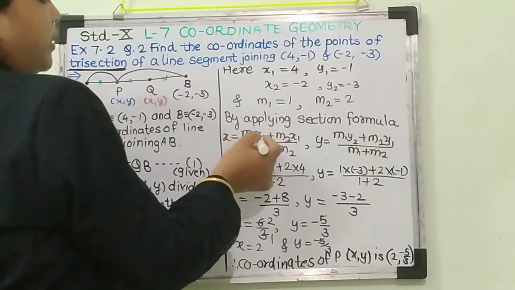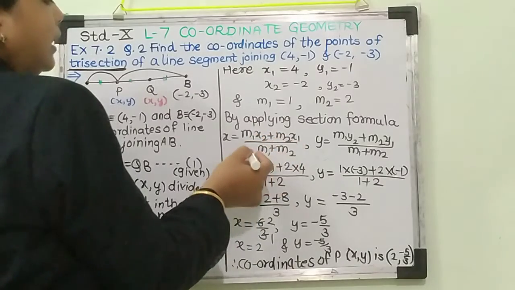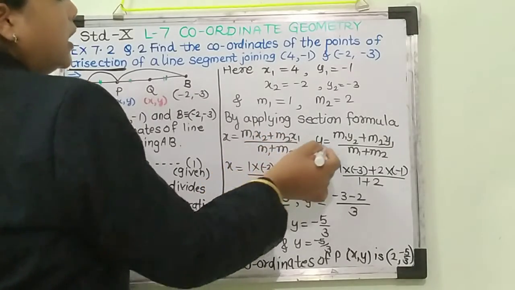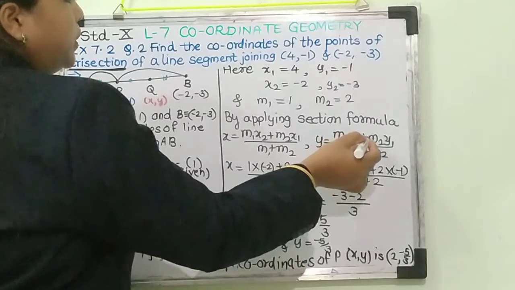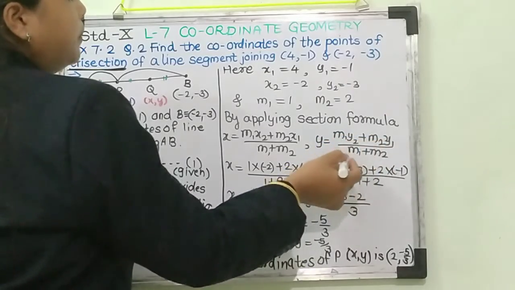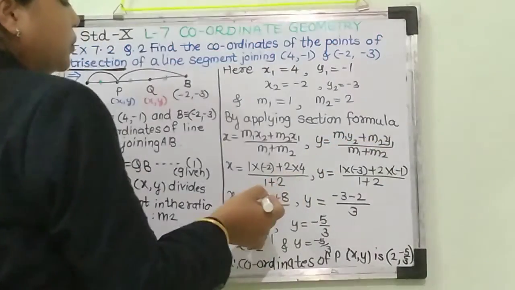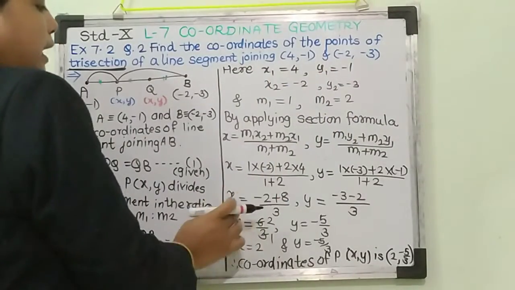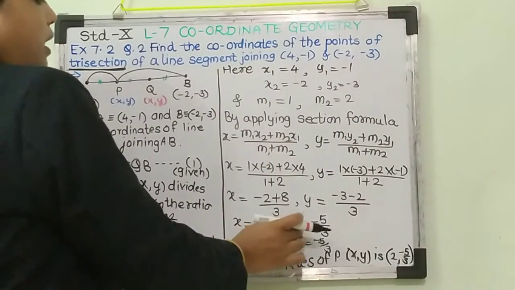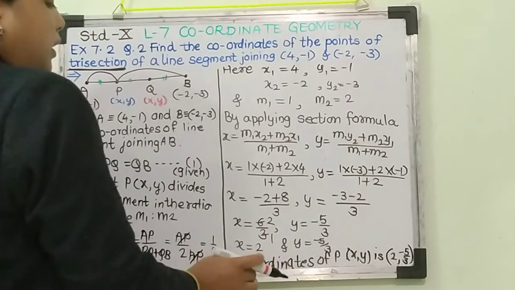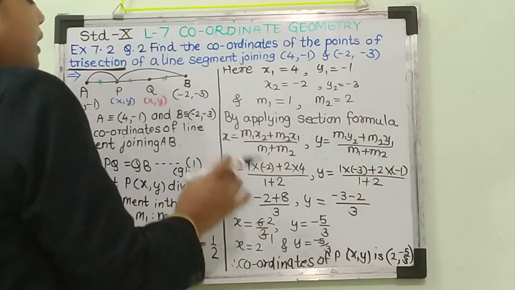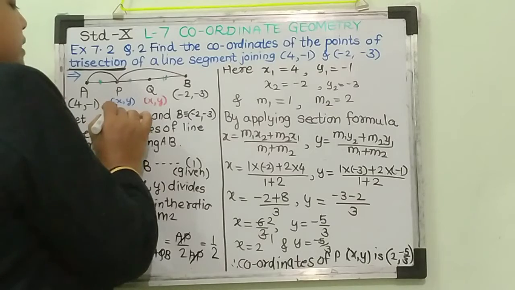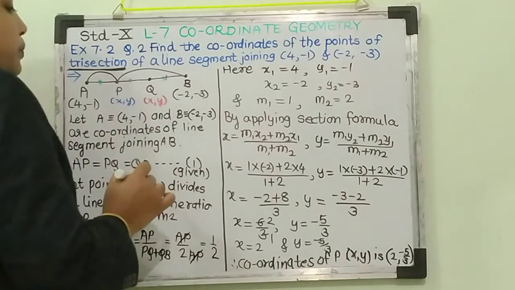X equals to m1 x2 plus m2 x1 upon m1 plus m2, and y equals to m1 y2 plus m2 y1 upon m1 plus m2. By substituting these values, we get x equals to 2 and y equals to minus 5 upon 3. These are the coordinates of your required point P.